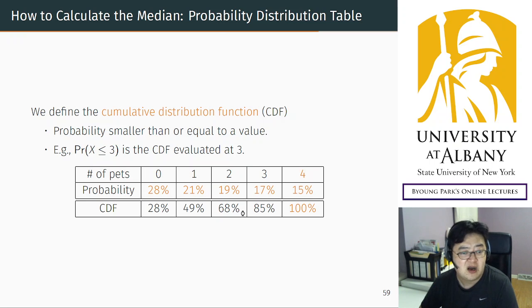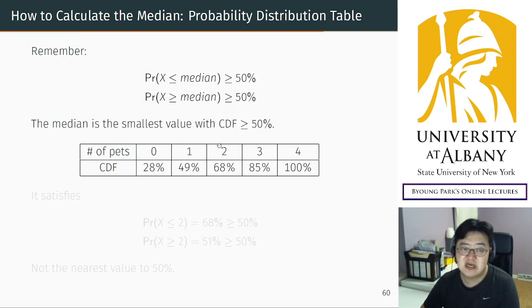By the way, we are calculating the median. Remember, this is what we have to do. The first one is the cumulative probability up to the median. The probability smaller than or equal to the median is the cumulative probability, and it should be greater than 50%. So 0 and 1 cannot be the median.